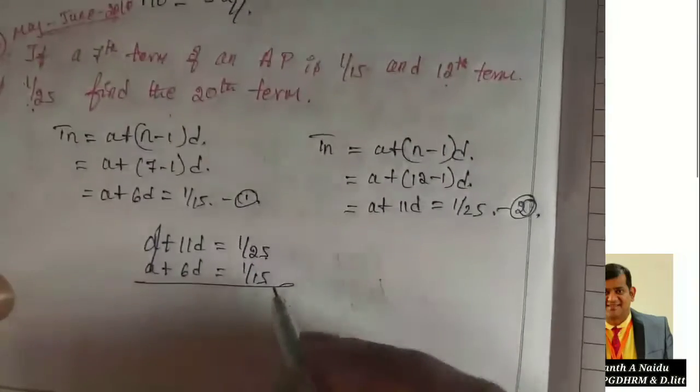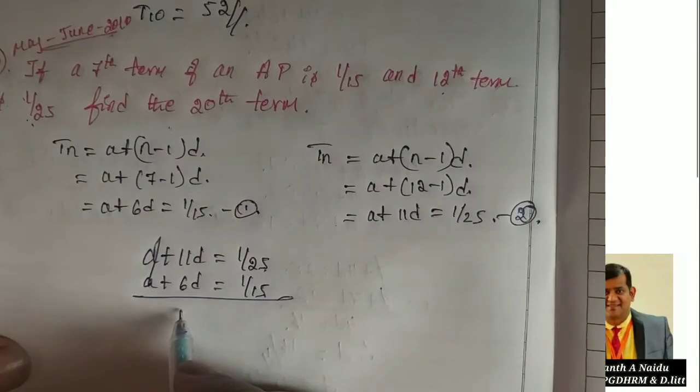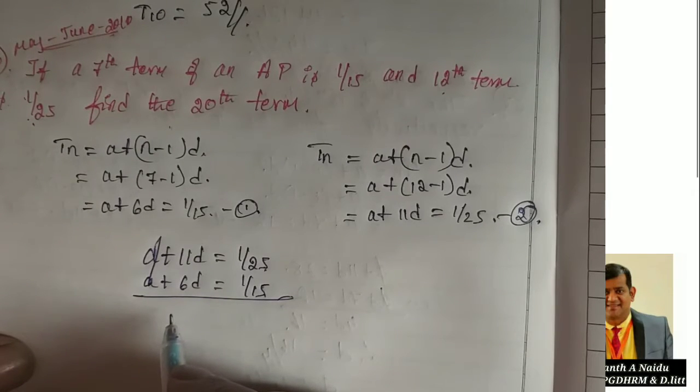a got cancelled. 11d minus 6d is 5d, right?